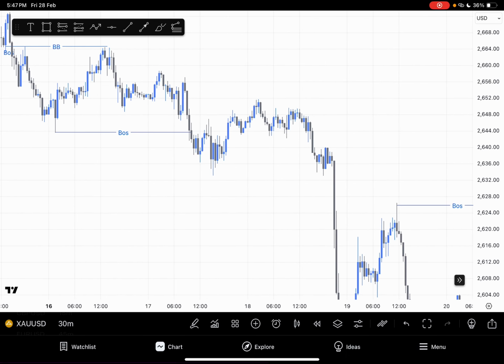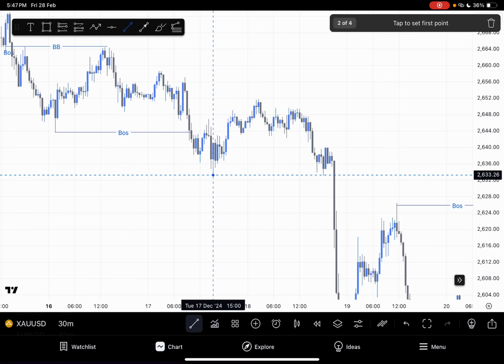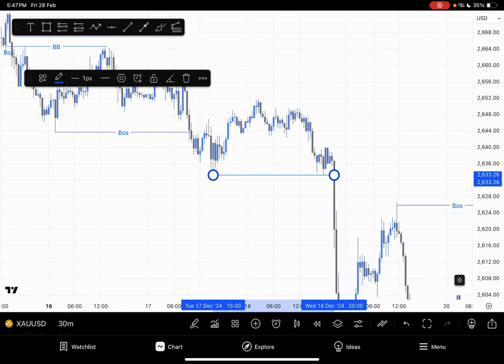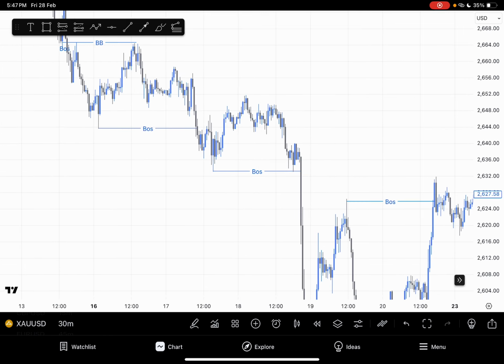See price again retest on another breaker. If you go to the lower time frame, you will also spot a breaker block again. Then you see price come down, taking out this previous low as the liquidity, creating another break of structure. You see that?